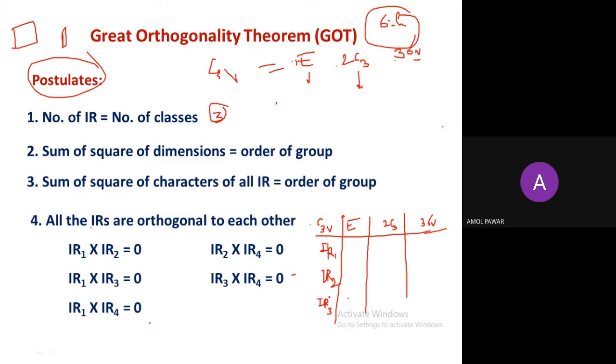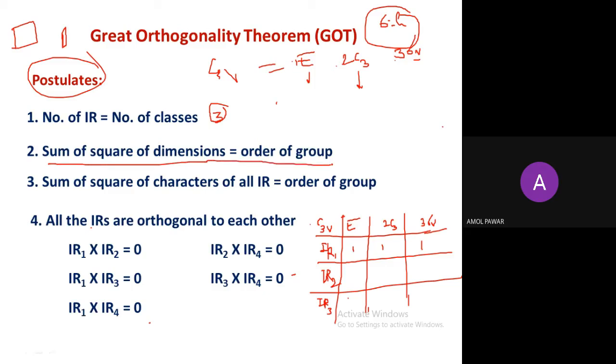Another thing is each character table of a point group must have one totally symmetric irreducible representation. So we can write here 1 1 1. Correct. Now second rule is sum of squares of dimensions is equal to order of group.